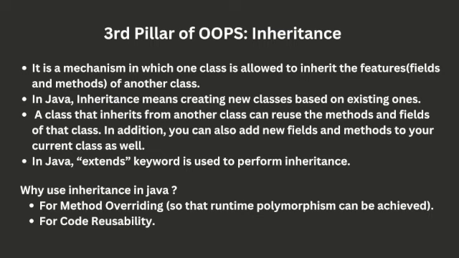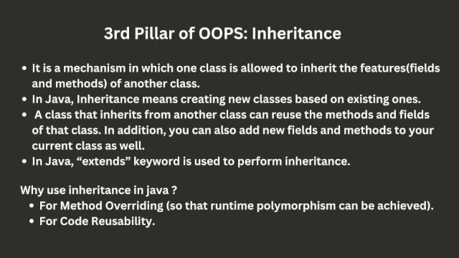So now comes the third pillar of OOPS, which is called inheritance. Inheritance, in layman's terms, is like something we are inheriting from a parent to a child. In the same way, inheritance is a mechanism in which one class is allowed to inherit some features from another class, from the parent class to the subclass. In Java, inheritance means creating new classes based on existing ones.